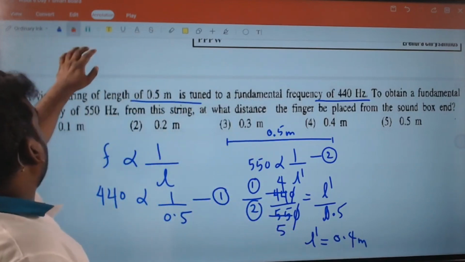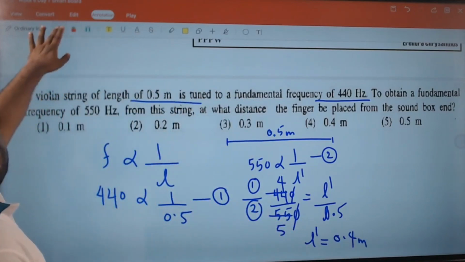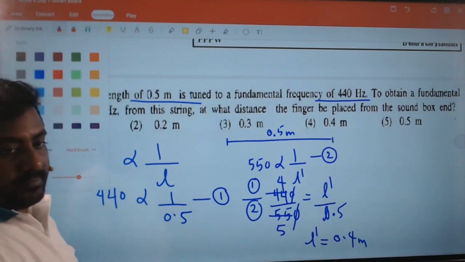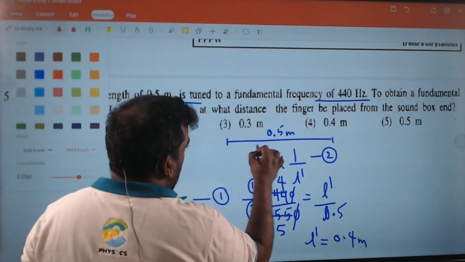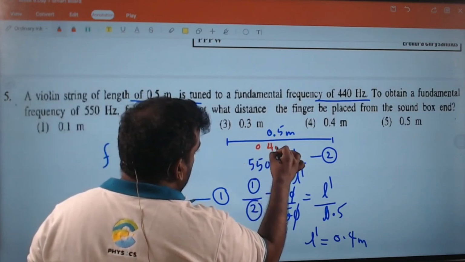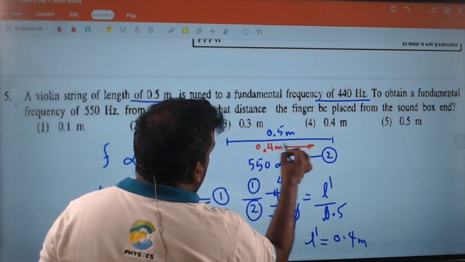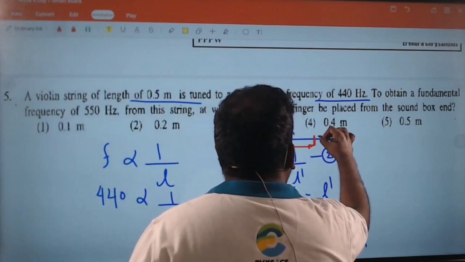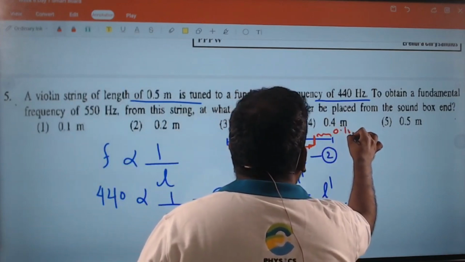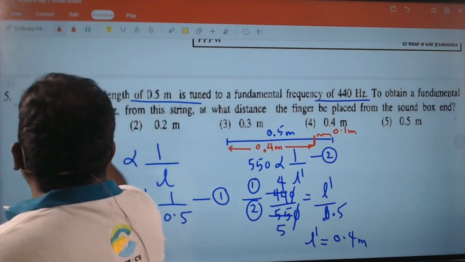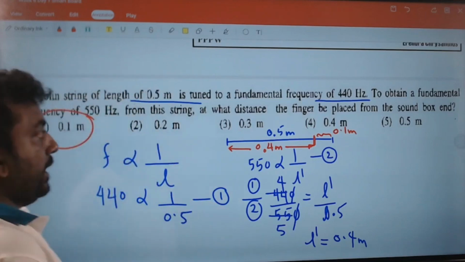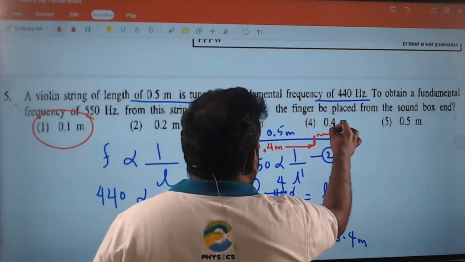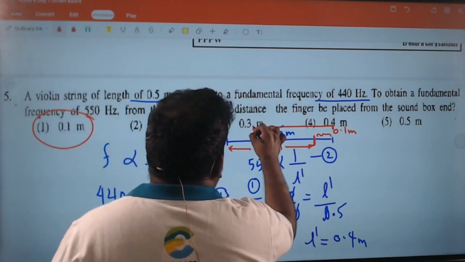Now this is where the problem starts. Now this 0.4 is from where? So we can take 0.4 from here. We have to keep a finger. That means from this side 0.1 meters. These are possible. What if I measured from this end 0.4?